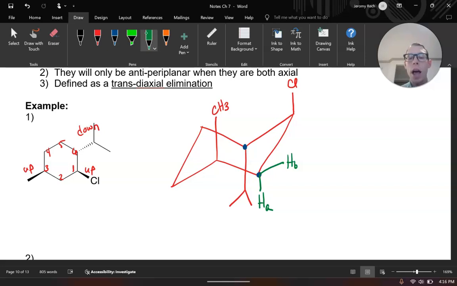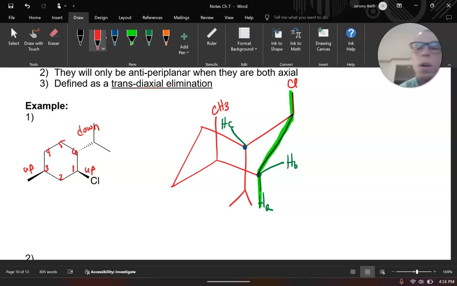At the 6th position, I already have something in my down position, so I only have something in my equatorial up, which we can call HC. Now, if I look at all of these hydrogens here, there is only a single proton, which is my HA, which is anti-periplanar, where I have 1 up and then 1 down for my reference to where my leaving group is.